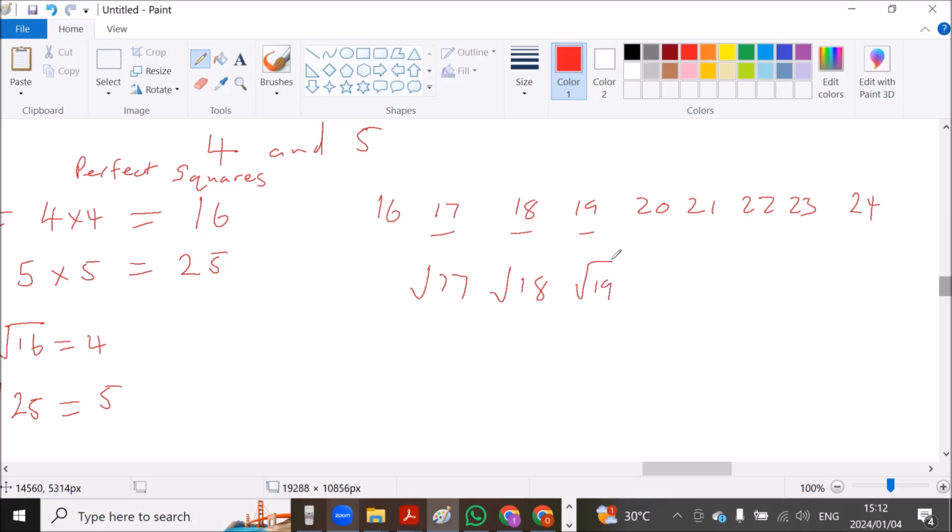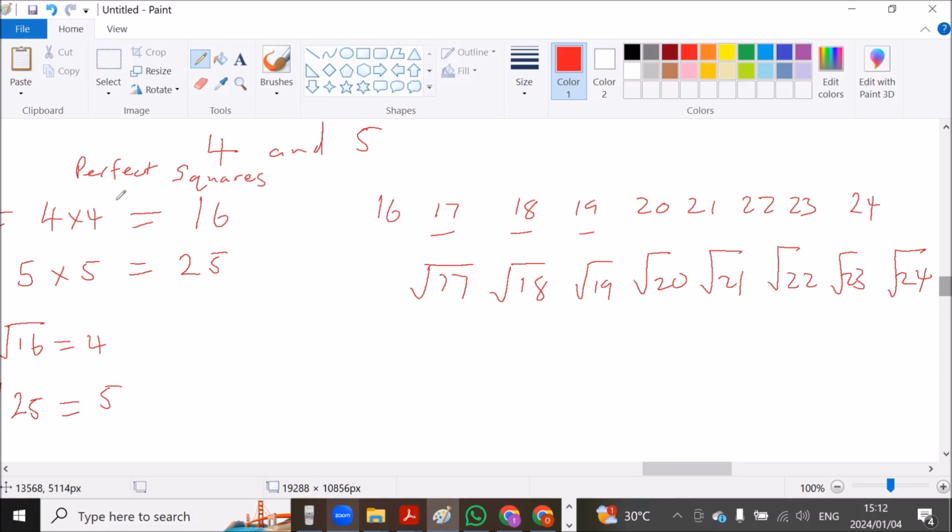Square root of 19 is irrational. √20 is irrational. √21 is irrational. √22 is irrational. √23 is irrational. √24 is irrational. So those are easy irrational numbers we can find.